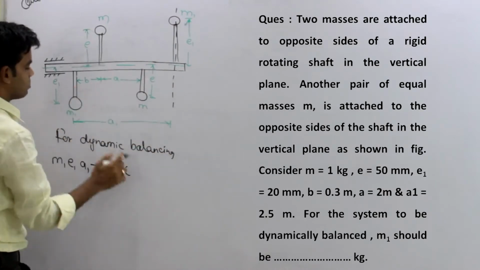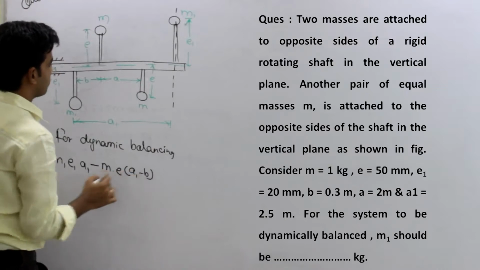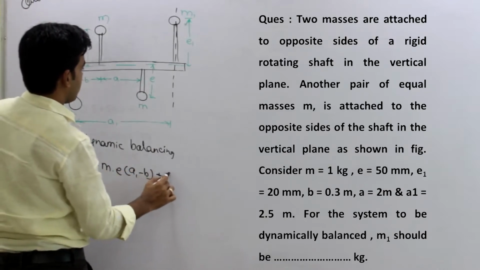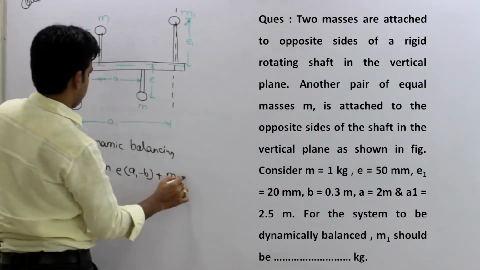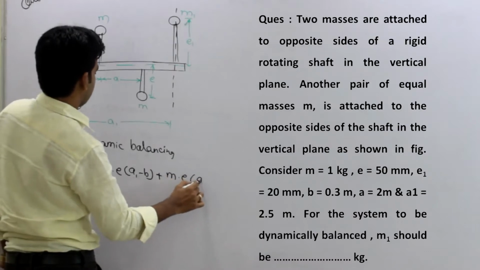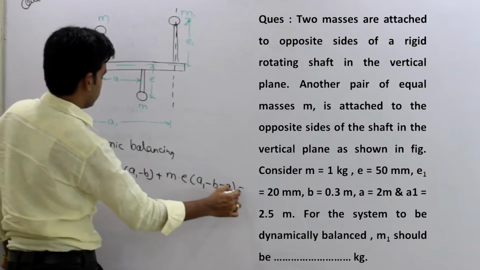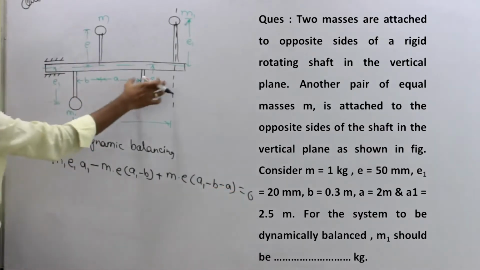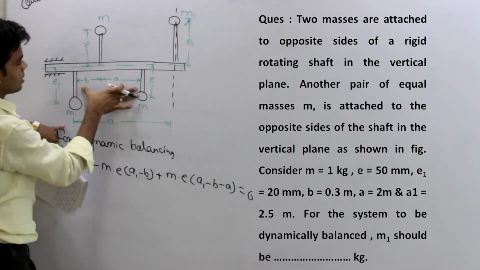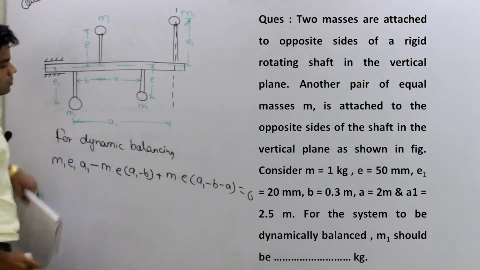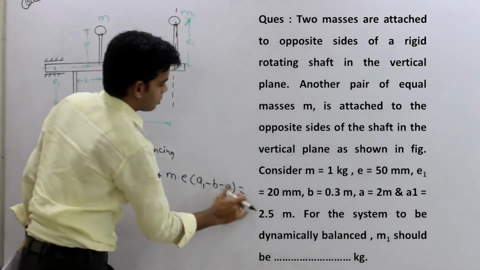A1 minus B, plus M E into A1 minus B minus A. This distance is A1 minus B minus A. So this should be equal to 0.